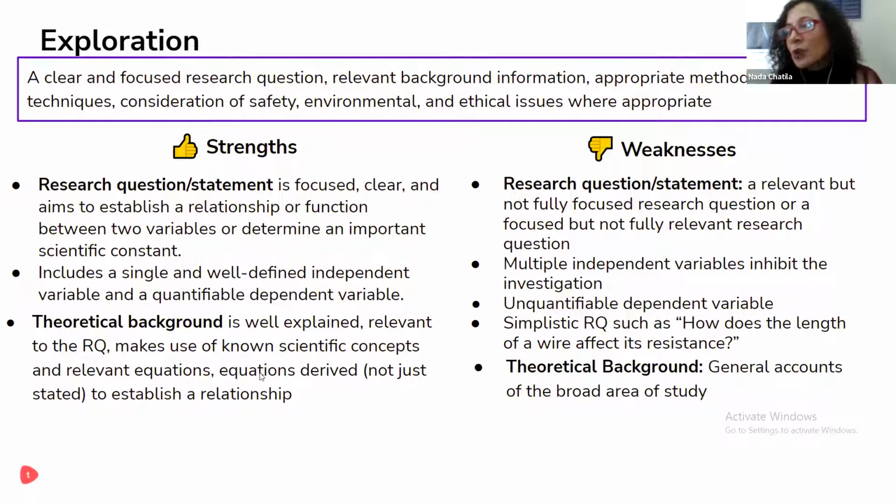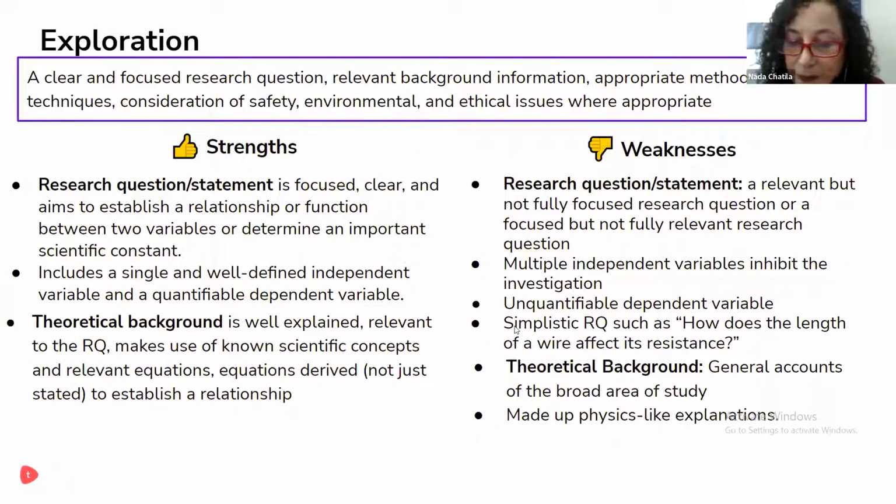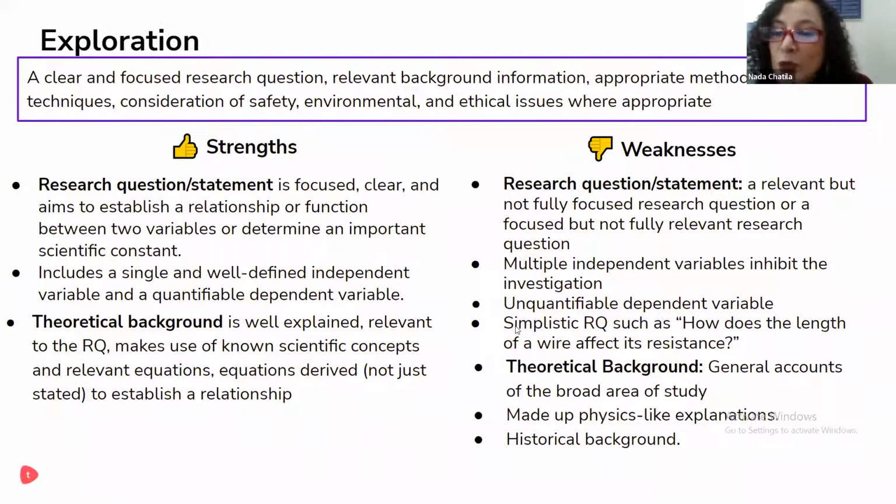Theoretical backgrounds that are weak are usually very broad. They give general accounts and don't focus on the research question. They include not real solid scientific theories, but more made up physics-like explanations. They tend to have historical backgrounds also. Some of you would say that historical backgrounds affect the communication because they make the report not really focused.